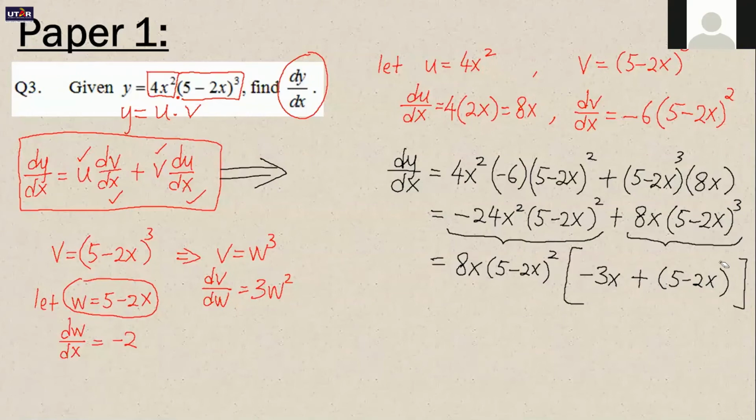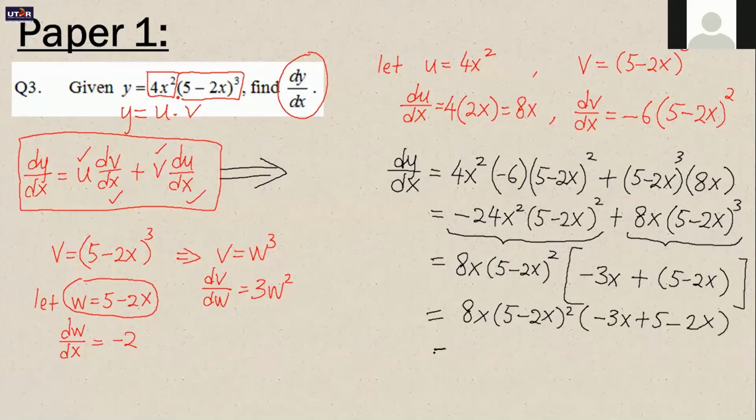Then simplify the bracket. We are going to have negative 3x plus 5 minus 2x.